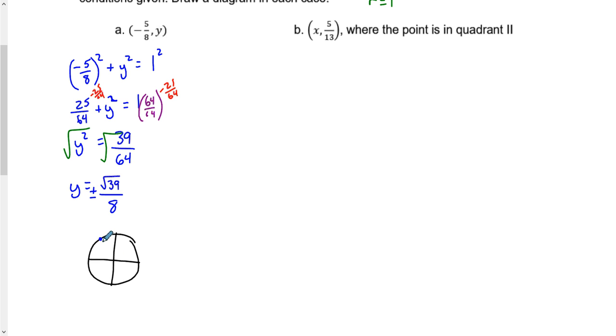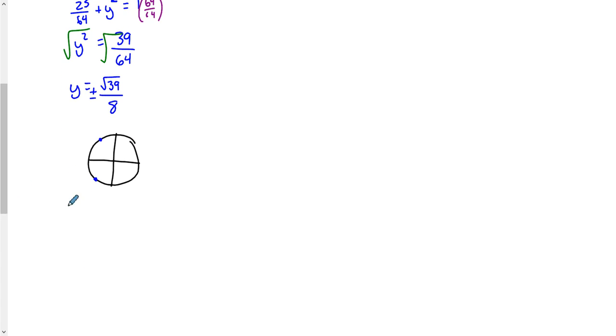We're also dealing with the point where negative 5/8 could also be the point negative root 39 over 8. So we could potentially have two coordinates. Negative 5/8, root 39 over 8, and negative 5/8, negative root 39 over 8 as these coordinates.